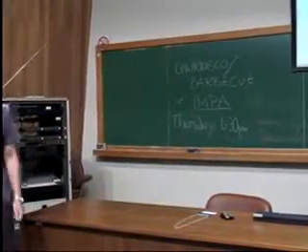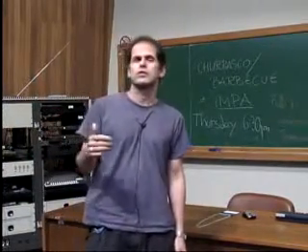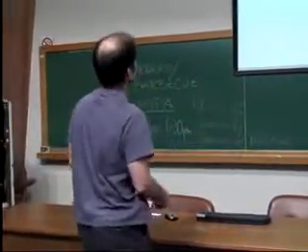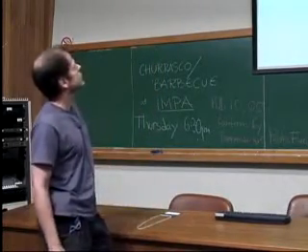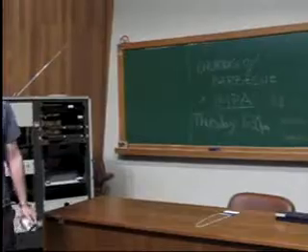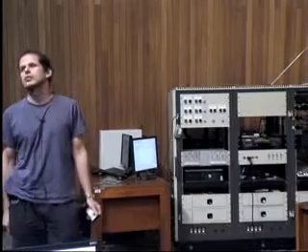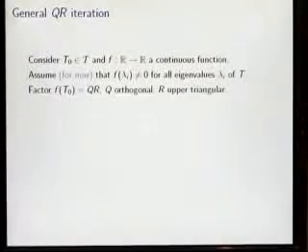Now, this process, which, given a tridiagonal matrix, obtains another tridiagonal matrix with the same spectrum, is called the general QR iteration. So you start with a matrix T0 and a continuous function f. Now let's assume, for now, that f is non-zero in the eigenvalues. We're going to drop that nice condition in a minute.